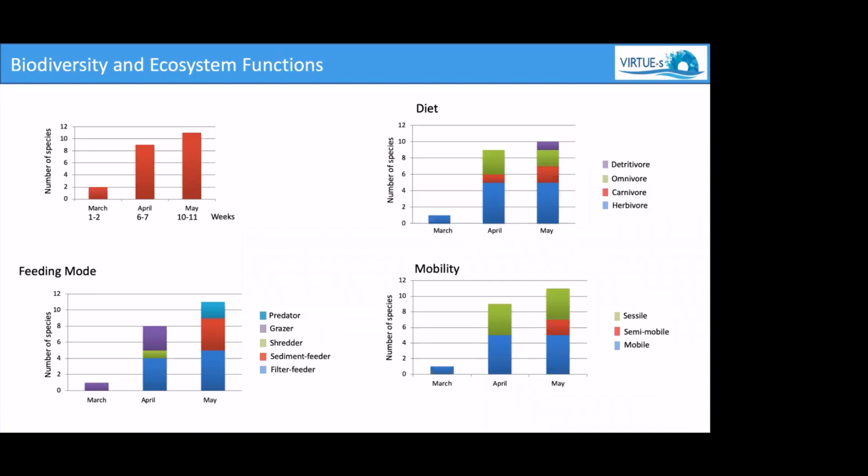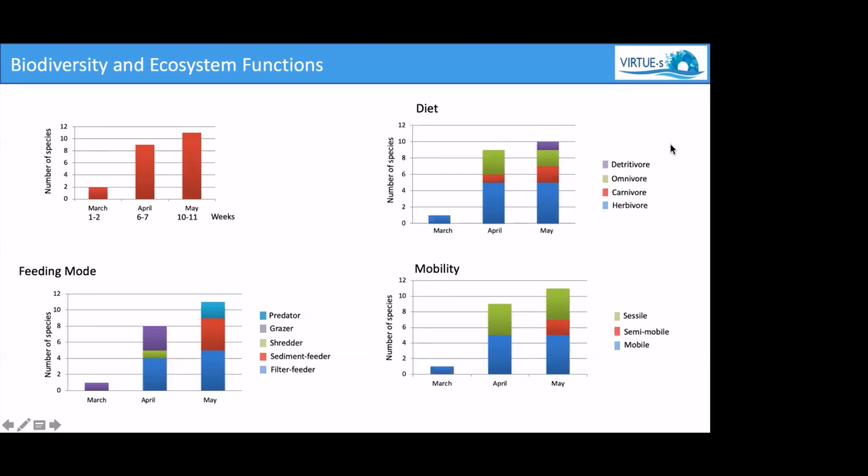And then we classified the organisms that they found according to their feeding mode, according to their diet, and according to the mobility. For the feeding mode, this is the trait that we chose. So we classified the organisms if they are predators, grazers, shredders, sediment feeders, or filter feeders.